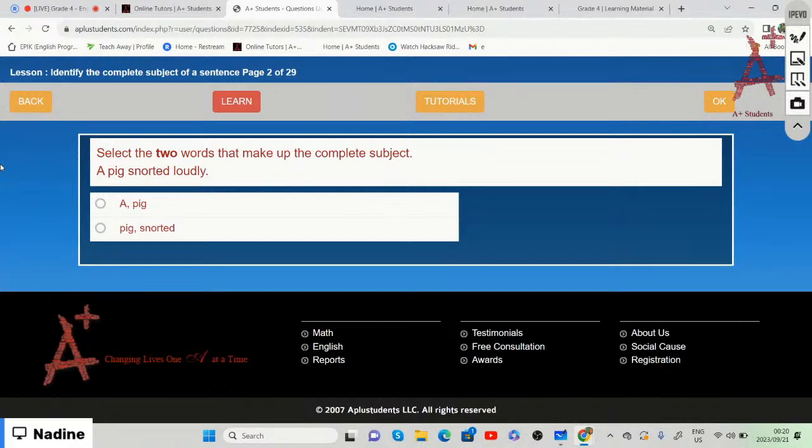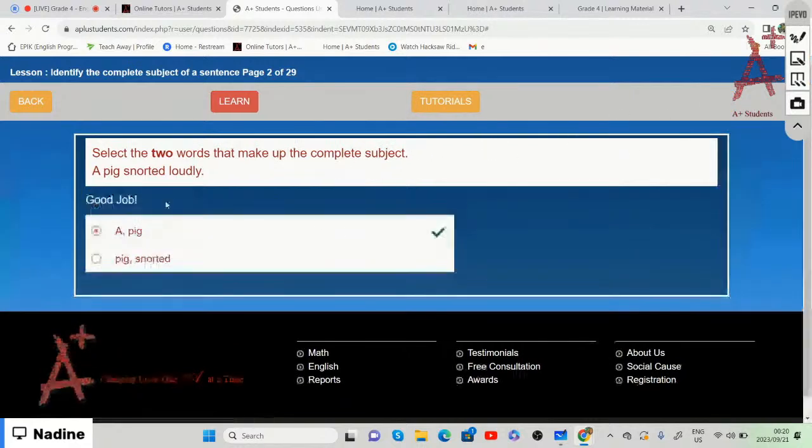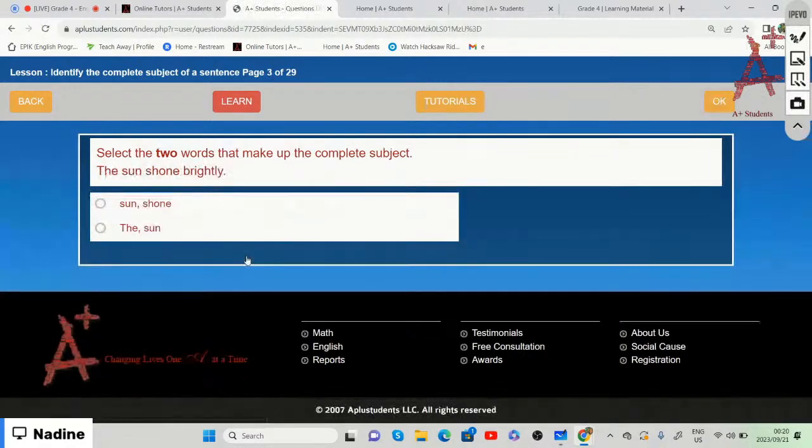We need to select the two words that make up the complete subject within that sentence. If we select the two words, then we're going to say it is a pig. Because who snorted loudly? A pig snorted loudly.